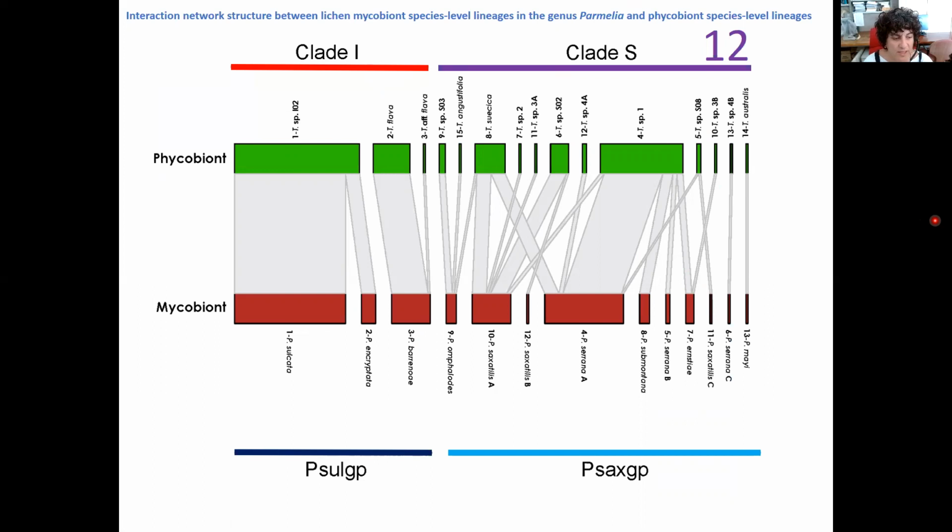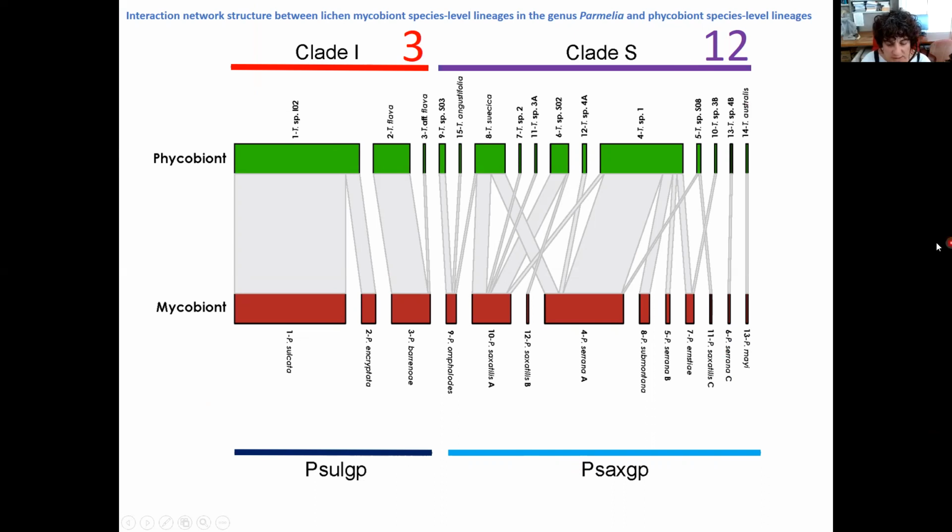However, the degree of specificity is different within each group. In the Parmelia saxatilis group, mycobionts were less specific and associated with 12 Trebouxia species. Meanwhile, those of the Parmelia sulcata group interact with only 3 Trebouxia species.